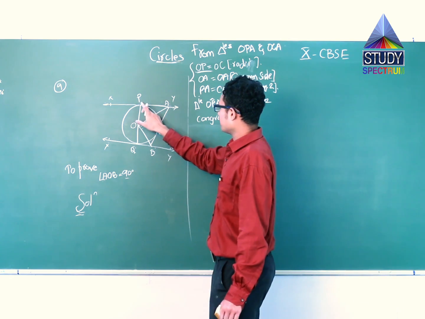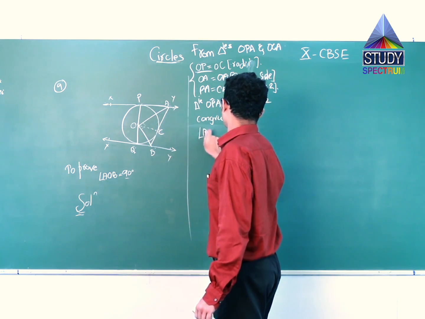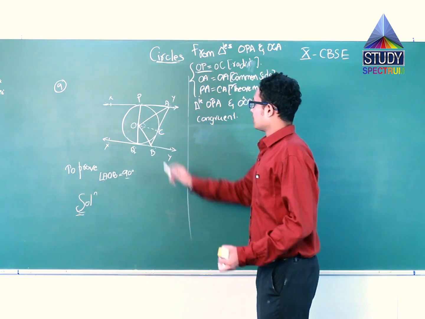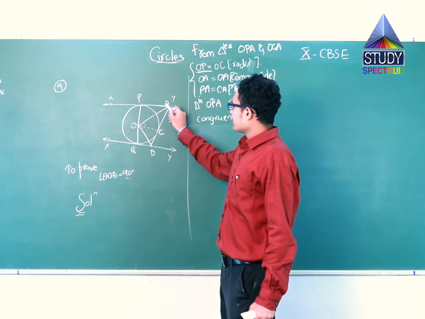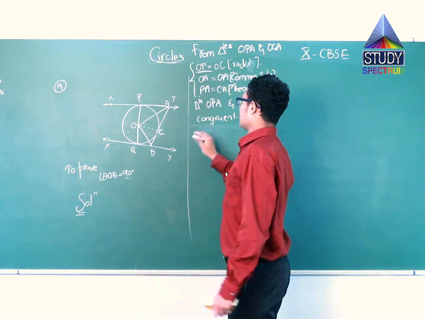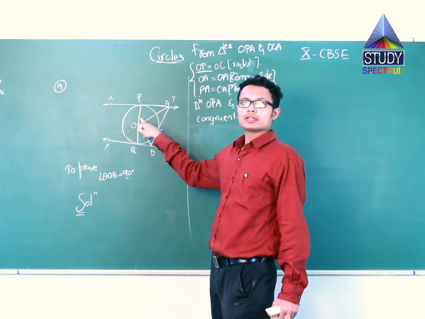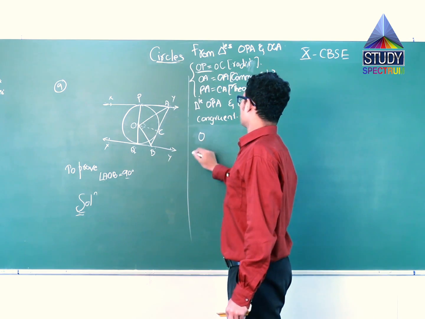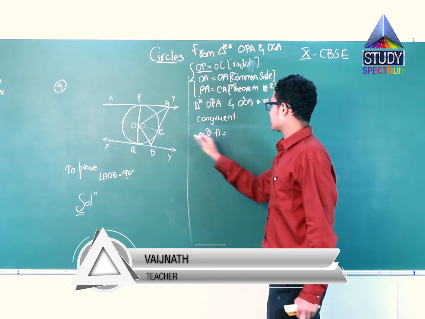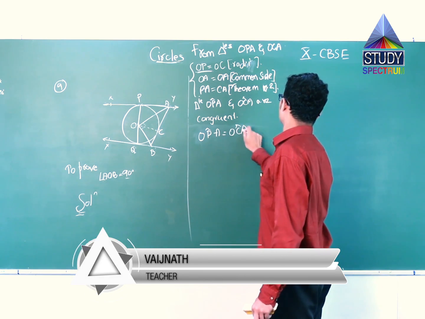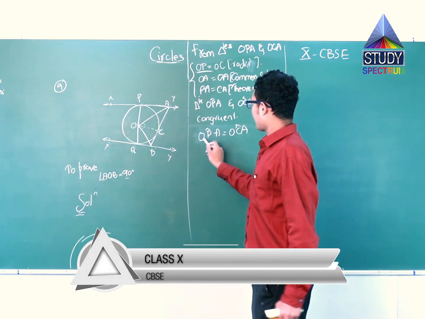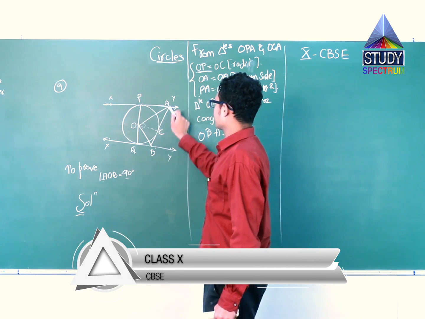So therefore I conclude angle POA is equal to, since triangle OPA and triangle OCA are congruent, the corresponding angles will also be equal in the two triangles. So therefore angle OPA is equal to angle OCA.